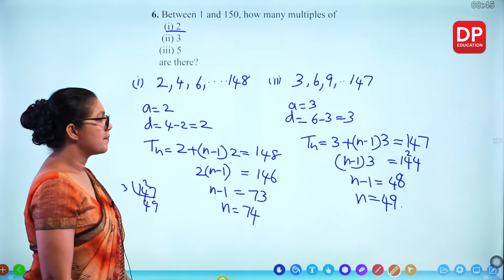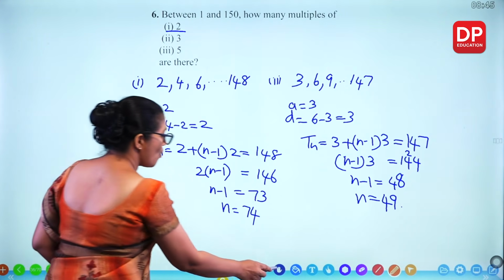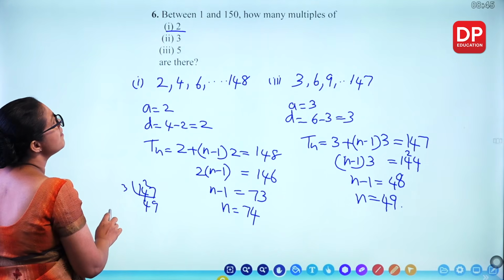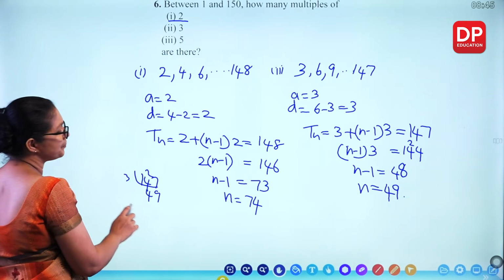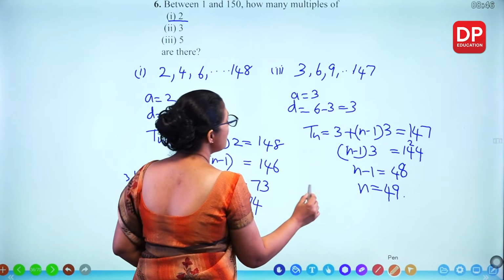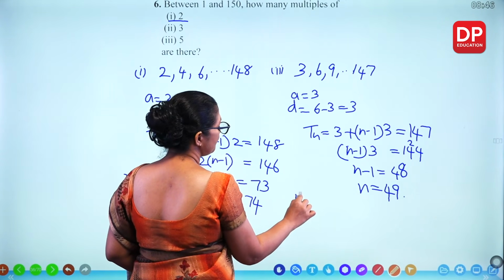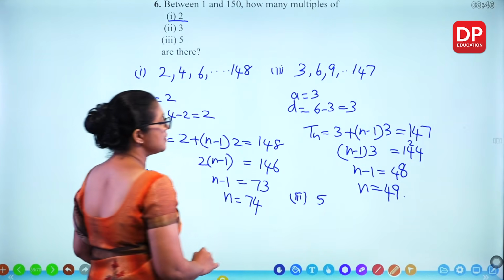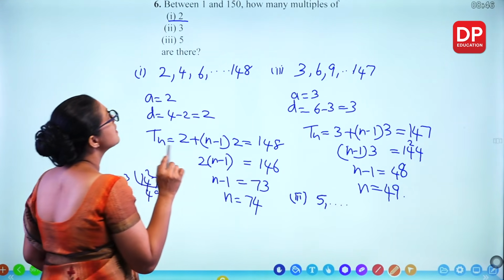Now last one, multiples of 5. So for multiples of 5, in between 1 and 150, what's the first number? First number should be 5. Multiples of 5. What's the last number you can get?